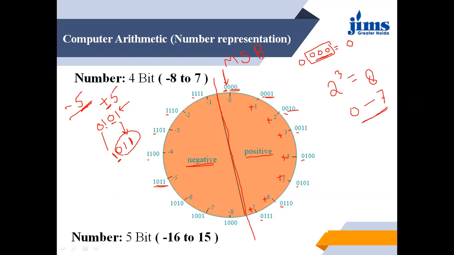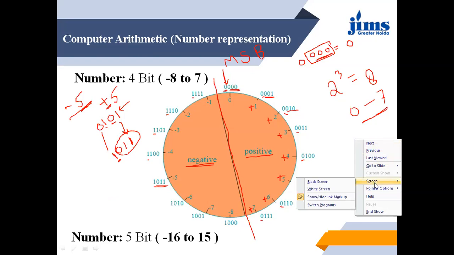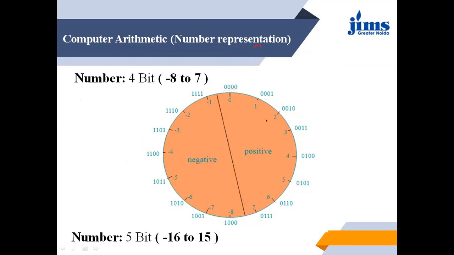In the same way, suppose we have to find the representation of all the numbers from 1 to 7, then we will find the direct 2's complement of each number.